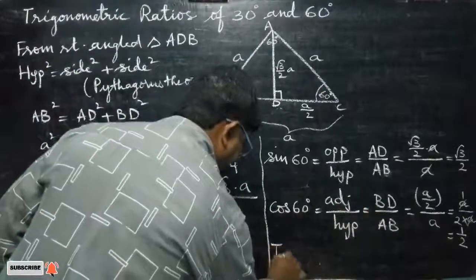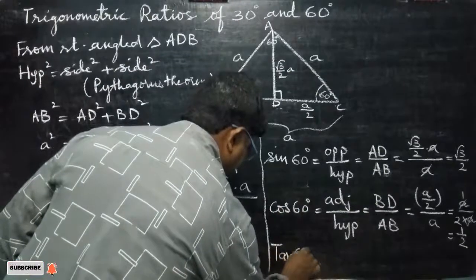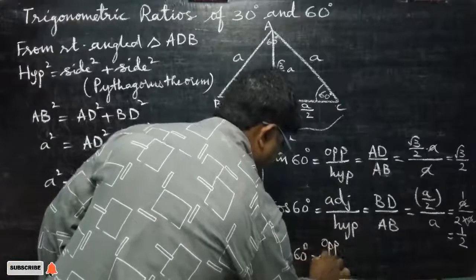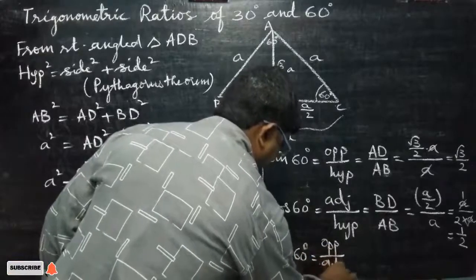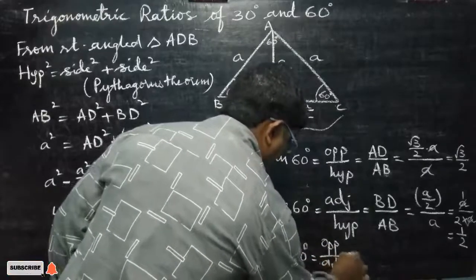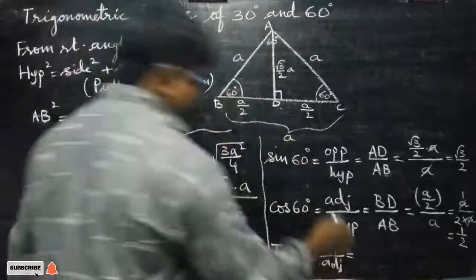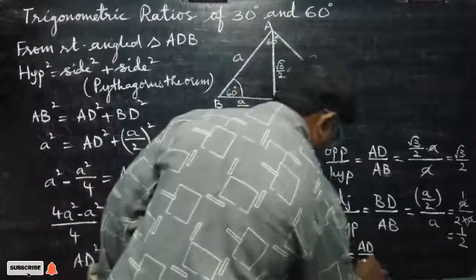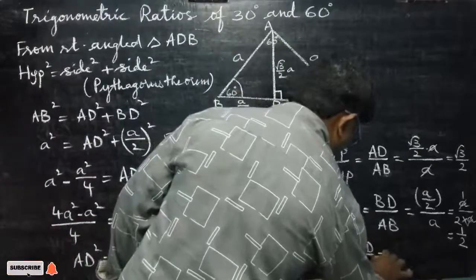Coming to tan. Tan 60 degrees. Opposite side to 60 degrees by adjacent side to 60 degrees. What is opposite side? AD. What is adjacent side? BD. So AD by BD.